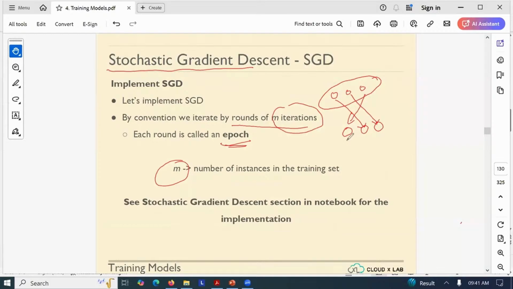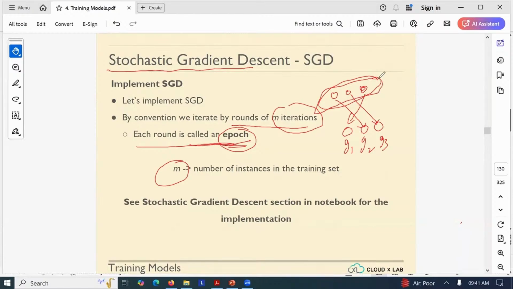So you get some gradient if you use this data point, and if you use this data point, again you get some gradient. Let's say gradient G1, G2, G3, and you use these gradients to update the model parameters. Each round is called an epoch. Epoch means you have completed all data points.